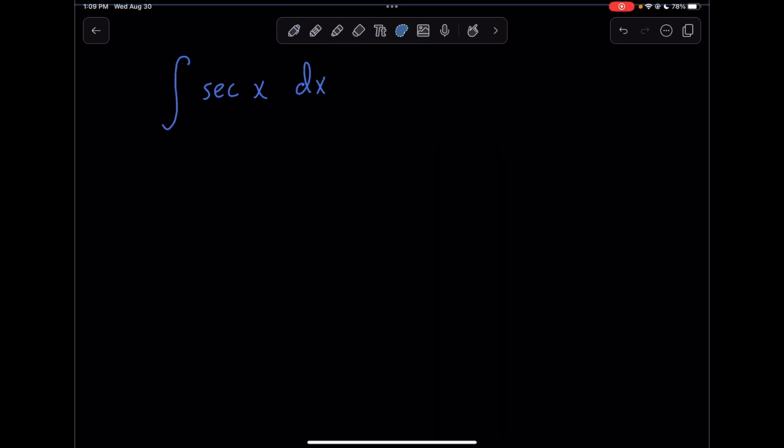Alright, so here's the second way to integrate secant of x dx. We're going to start by rewriting this as 1 over cosine of x dx. Now, we're going to multiply the top and bottom by cosine of x. That's the same thing as multiplying by 1, but it'll make the math easier.